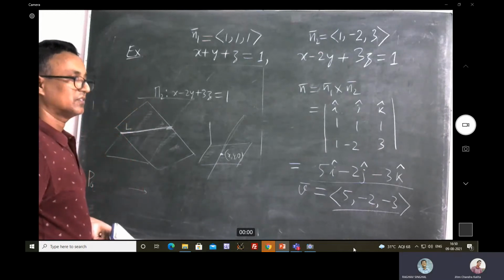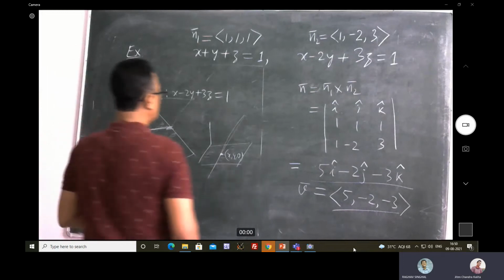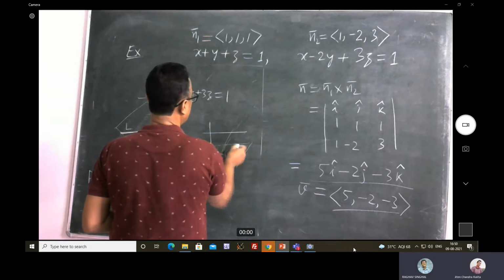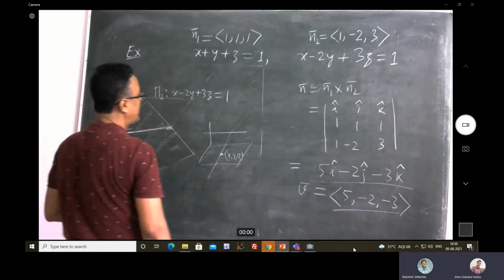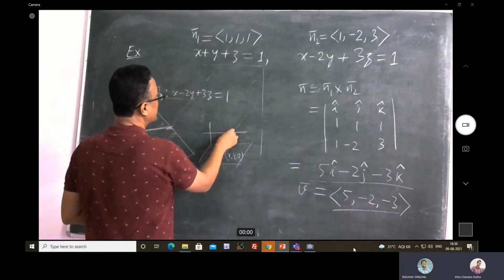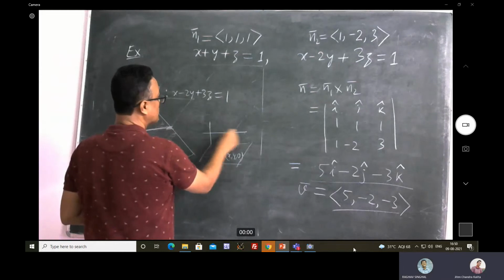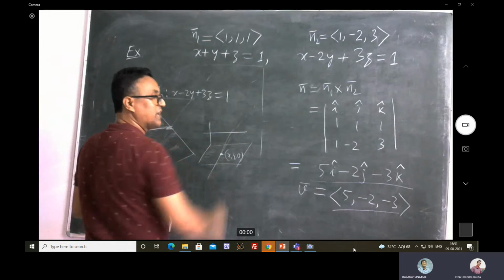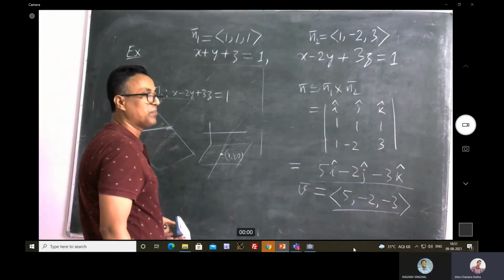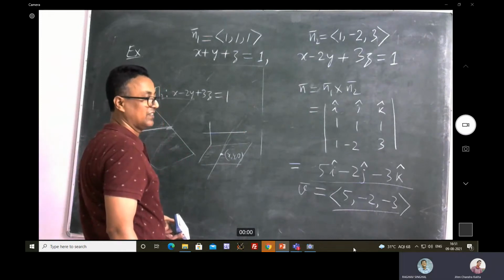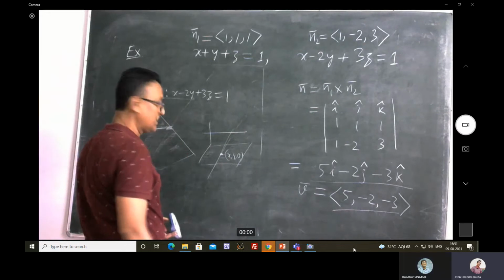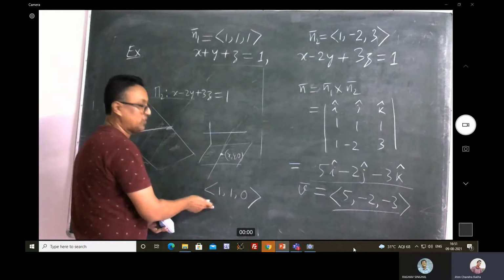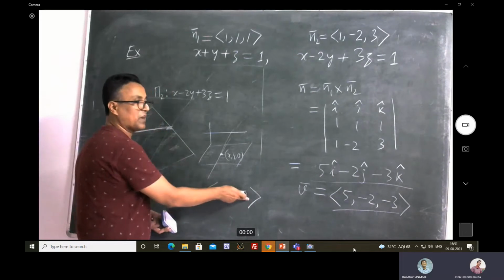Because if I consider a line parallel to the xy plane, it is going to make angles 0, 0 and pi by 2 with the x, y and z axes. So their direction ratios are going to be cos 0, cos 0, cos pi by 2.